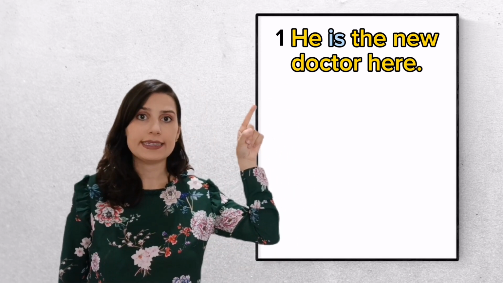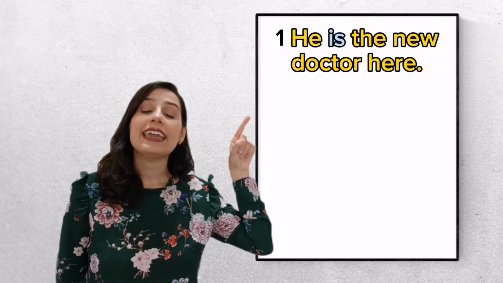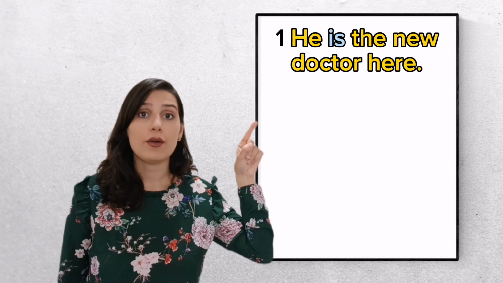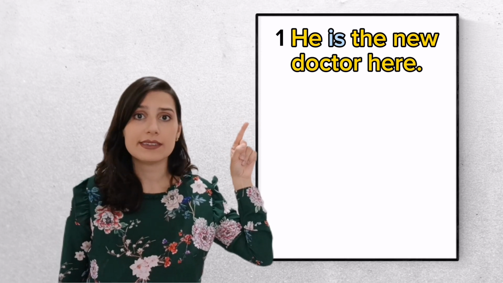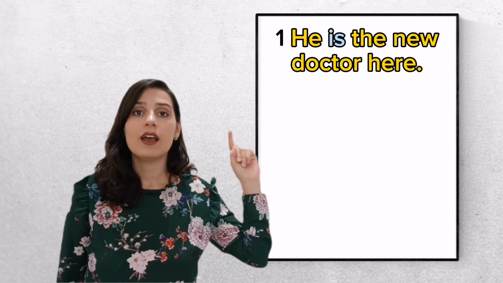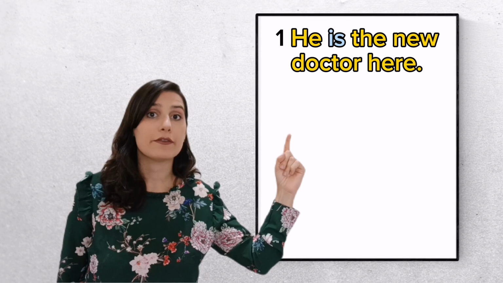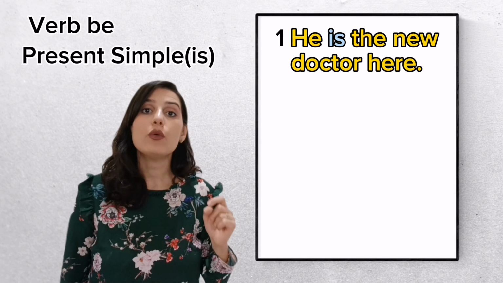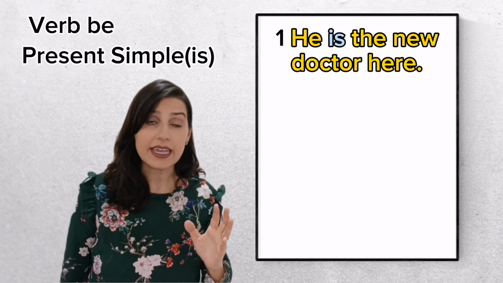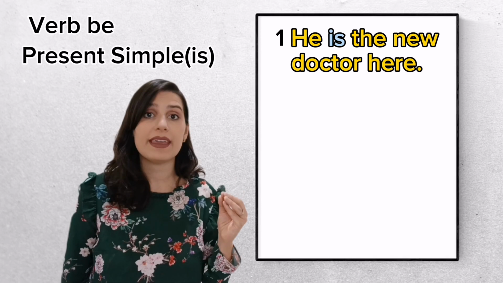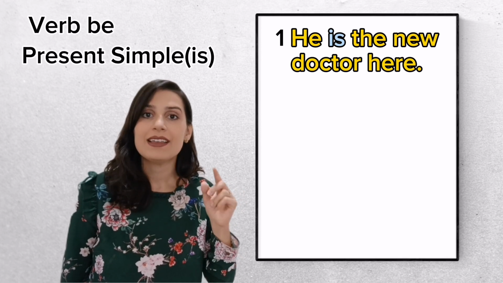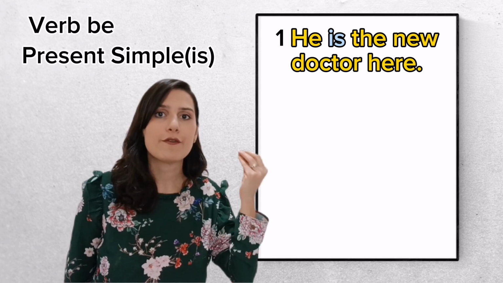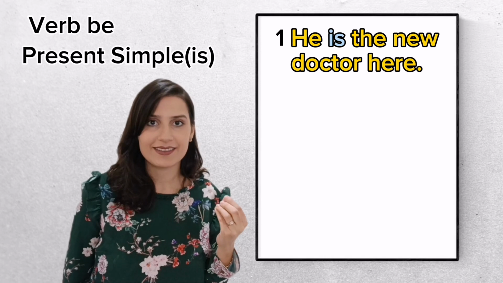Here's our first example. He is the new doctor here. Okay, so this is the main statement. Look at the verb. It's the verb be. It's in the present simple. So we need to use the verb be in the present simple to make a tag question. But we have to use the opposite form of the verb be.